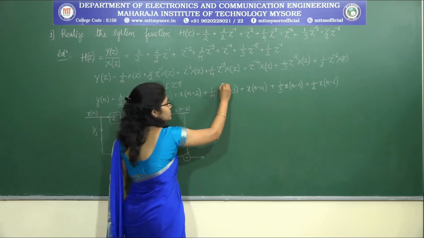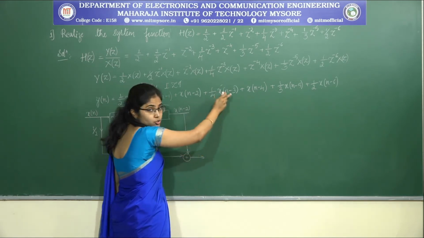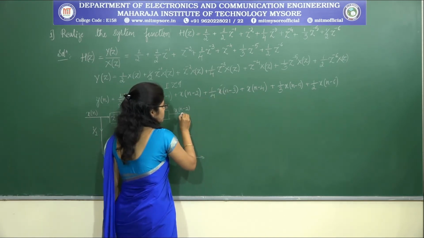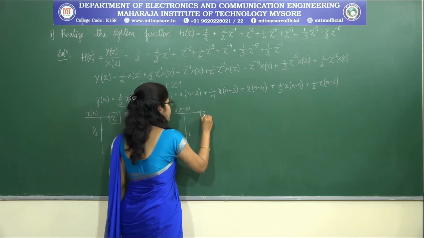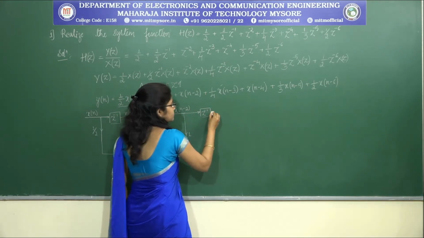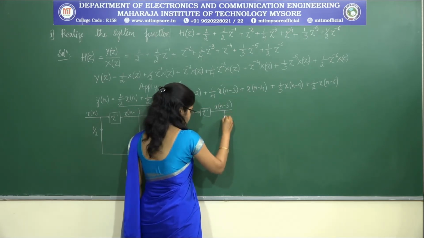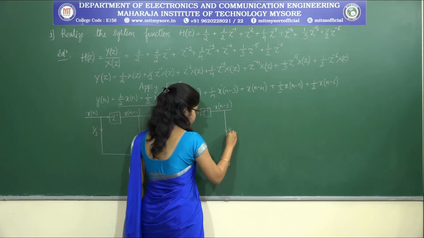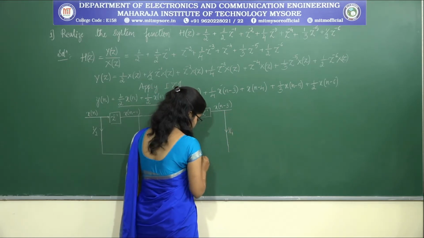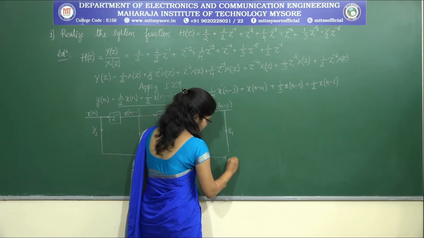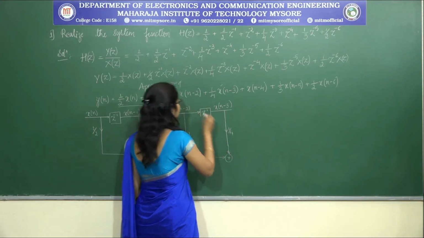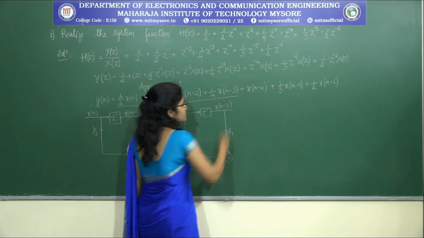Now coming to this one, x(n-2) should be delayed again, which gives us x(n-3). This should be multiplied with 1/4 and given to an adder. So we completed until this one.